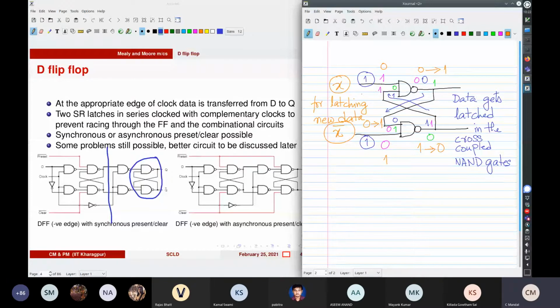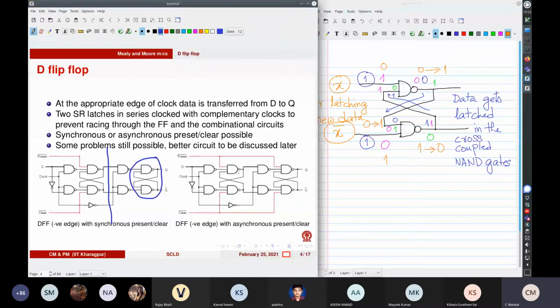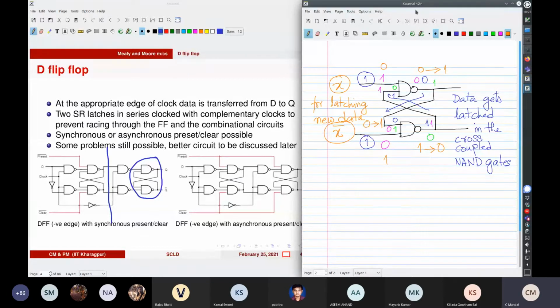Now, this is what you've seen here. But you see that here you have an extra circuitry. So let us just redraw that and see how it works out.